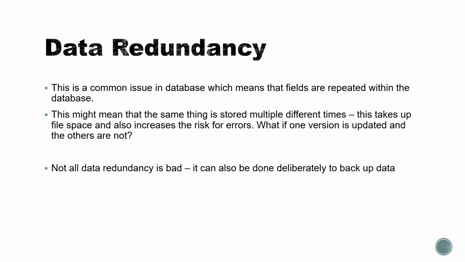But don't think that data redundancy is all bad, because as I've made a point on this slide, some data redundancy is done on purpose to back up the data. If you're backing up data, one of the most common things is to make a copy of that data, so that if the most recent one stops working, you still have a copy to refer to.